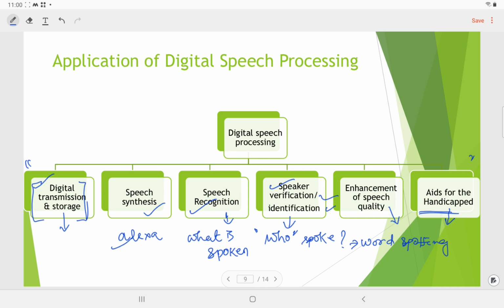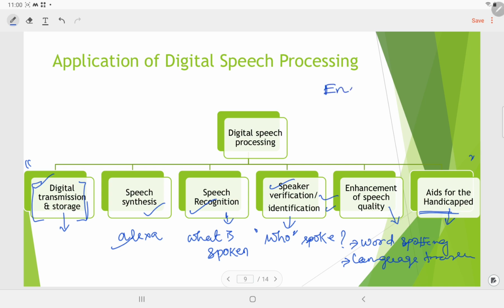Okay. Then after that, it is used in language translation. So, in language translation, again you can translate from one language to another language.